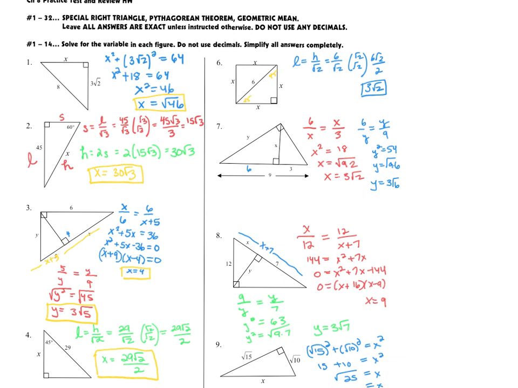So we have a 45, 45, 90. We are given the hypotenuse and asking for the leg. And so the leg is equal to the hypotenuse divided by the square root of 2. We do have to rationalize that. And then remember that we can divide that 6 and 2. And so that is going to give us an answer that x is equal to 3 radical 2, 3 times the square root of 2.